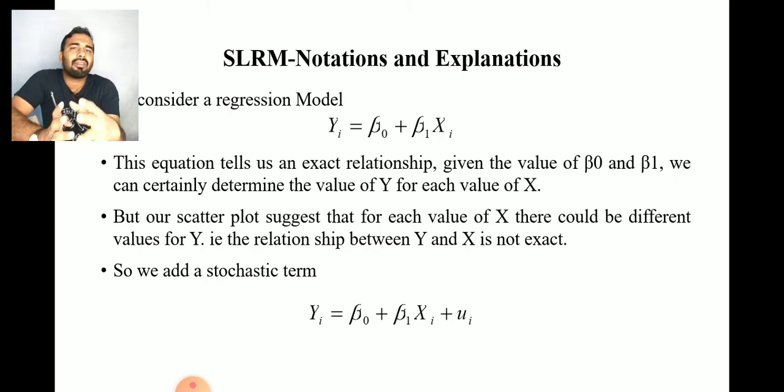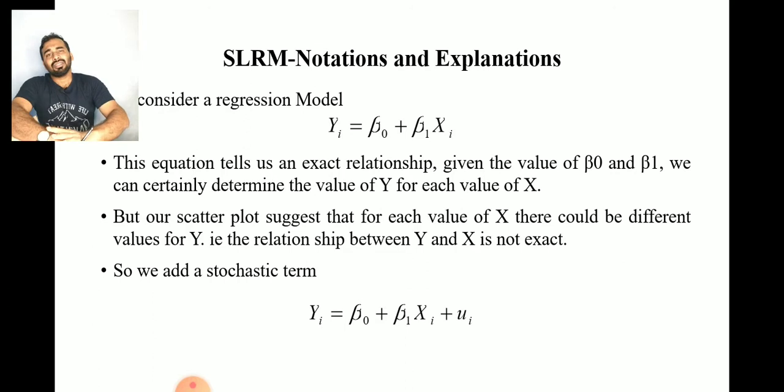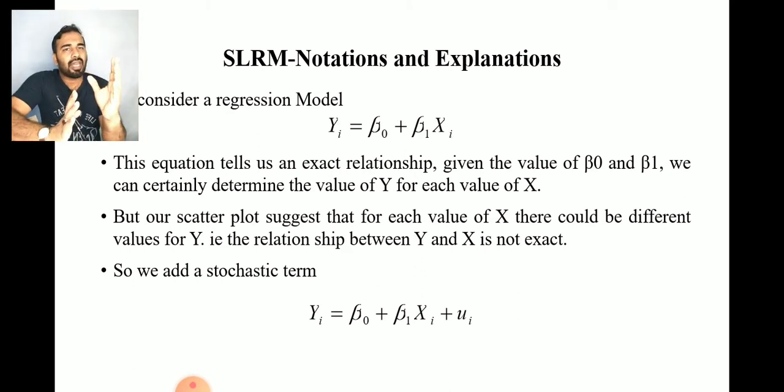Even though the income levels are the same, people's consumption patterns are different. That's why we say this relationship is not exact, not deterministic but inexact. So what we have to do is add a stochastic error term. Our equation will be yi = beta 0 + beta 1 xi + ui. This is the simple linear regression model, or regression equation.